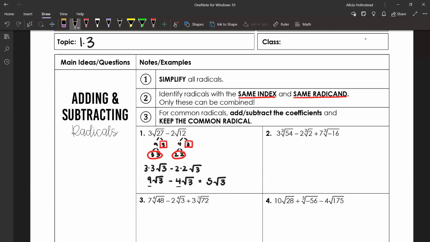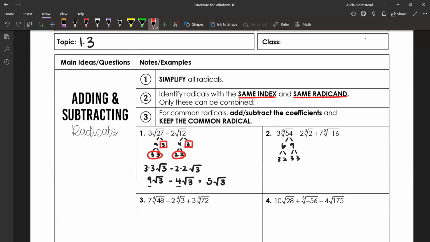Alright, number 2, we'll go ahead and do the same thing. So we will need some factors of 54, which we'll use 6 and 9. Remember, you can use any factors and arrive at the same result. 6 is 3 and 2, 9 is 3 and 3.